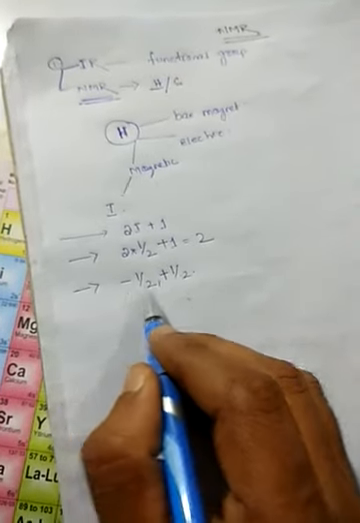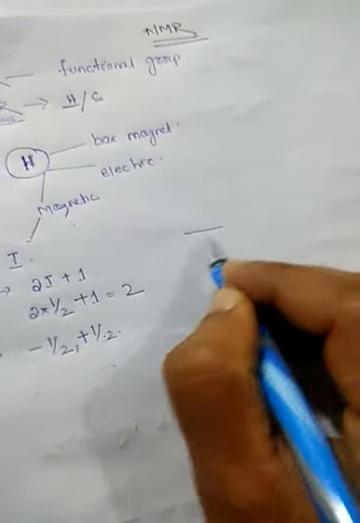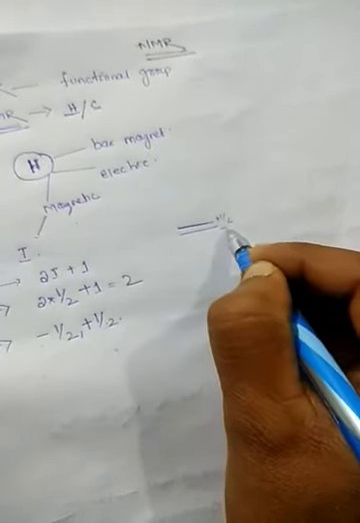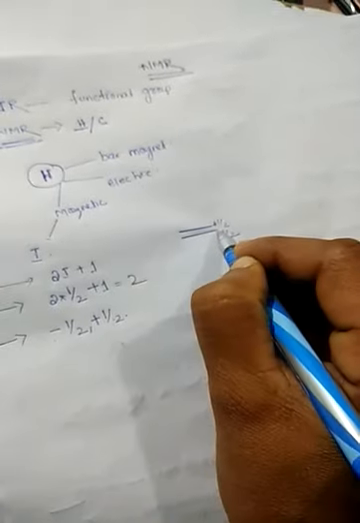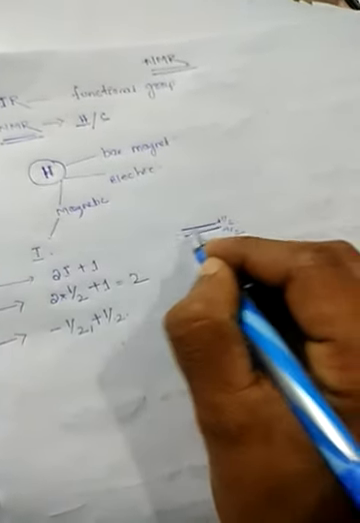In the absence of an applied magnetic field, these two, plus half and minus half, are degenerate, or equivalent in energy.